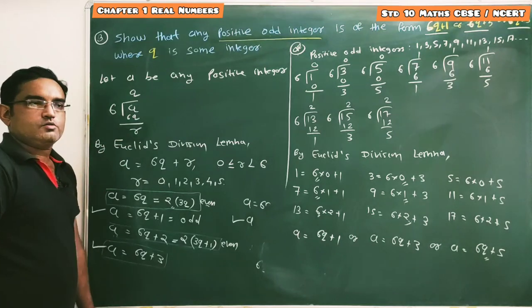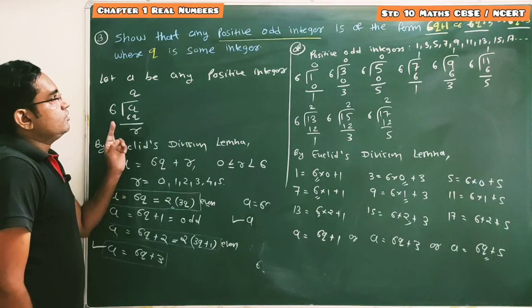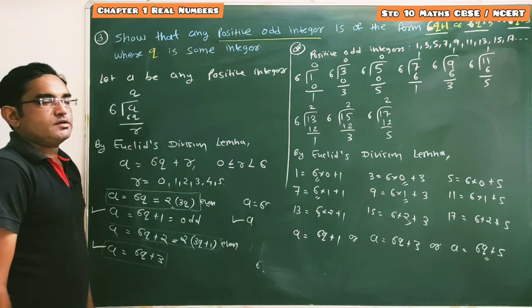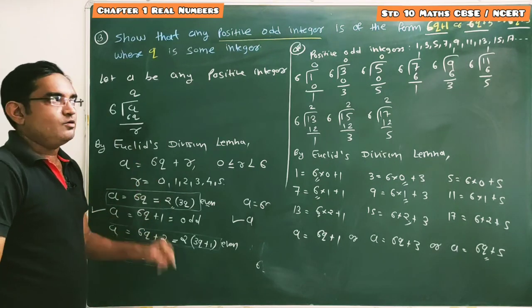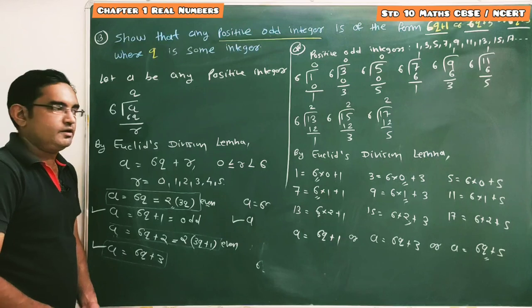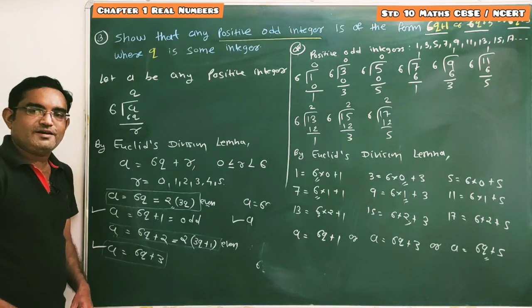Clear, students? So this is how you can prove any positive odd integer is in the form of 6q plus 1 or 6q plus 3 or 6q plus 5. Done. Now pause this video and note it down.